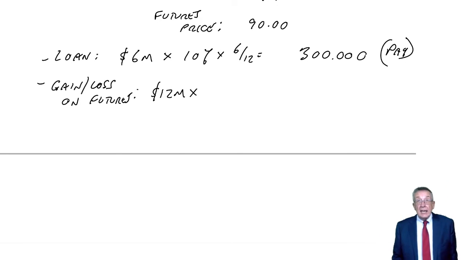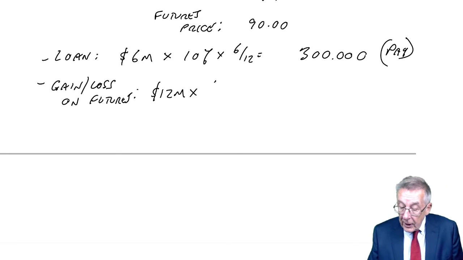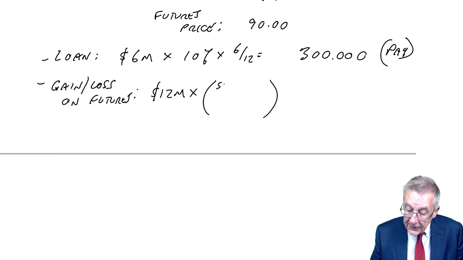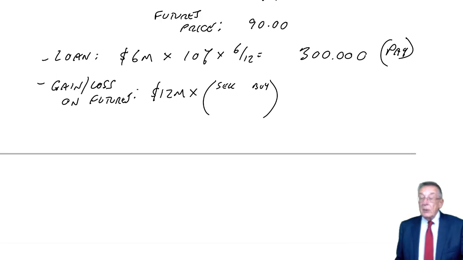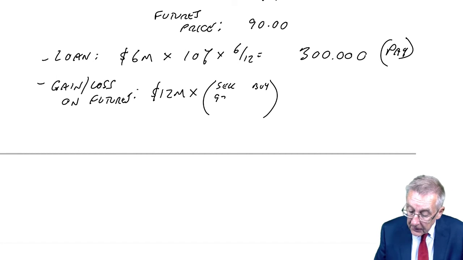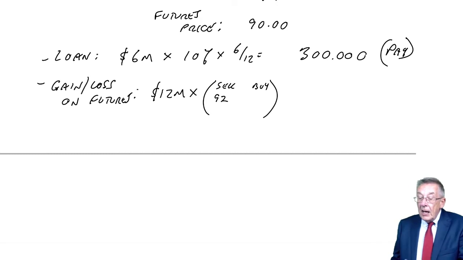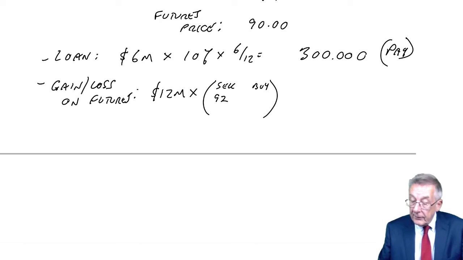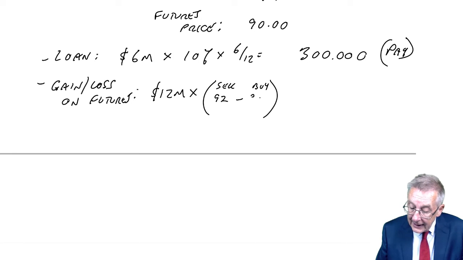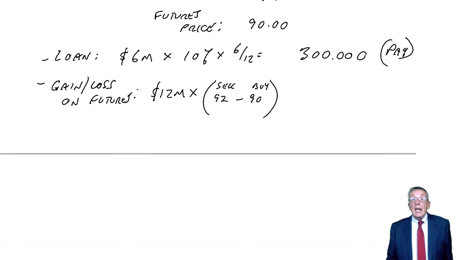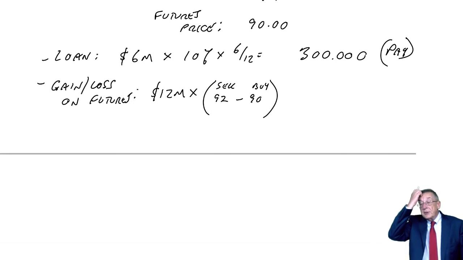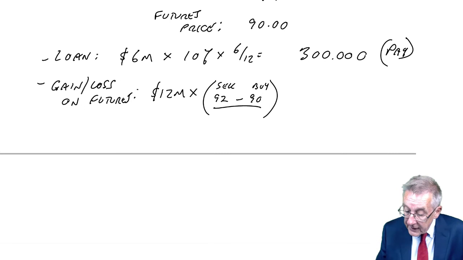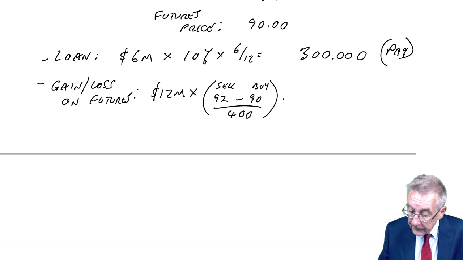To calculate the gain or loss, we always take the difference between the sell and the buy price. So here we sold futures on the 3rd of October when the price was 92. We close the deal at the start of the loan, so we buy back the futures when the price is 90. And the gain or loss, as I said, is always the difference between the sell and the buy, always divided by 400.